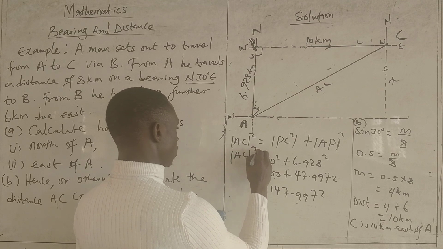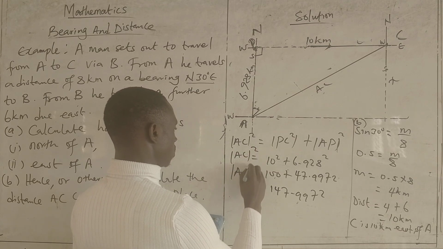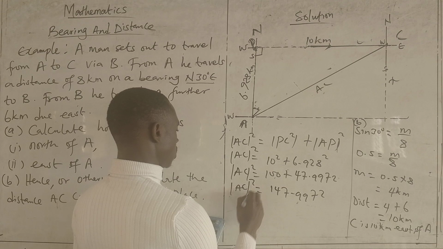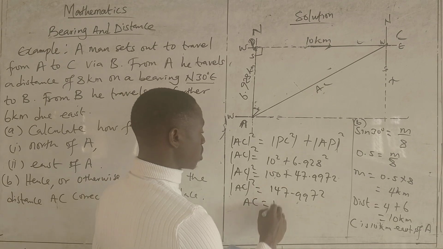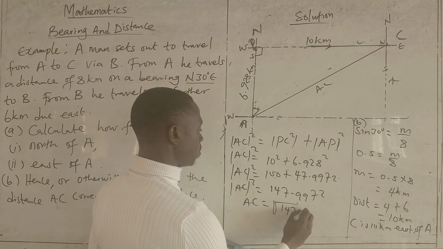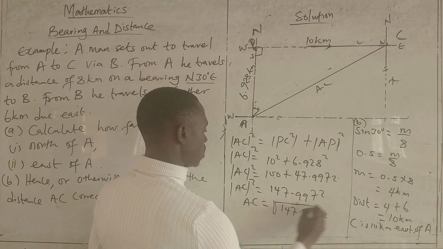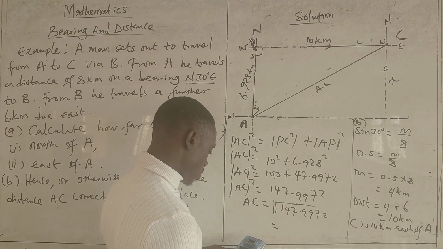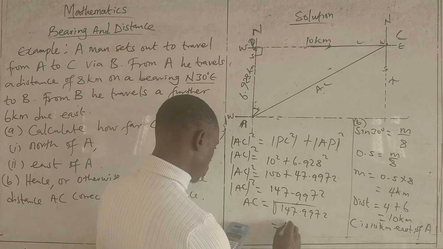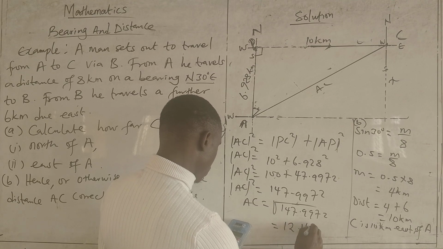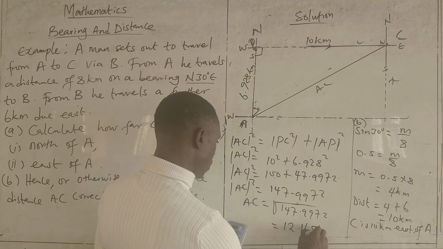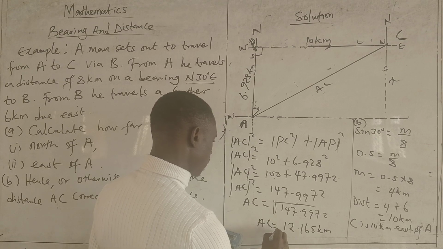That's AC square, and then AC will be equal to the square root of 147.9972, and that's 12.165 kilometers. So that's the answer.